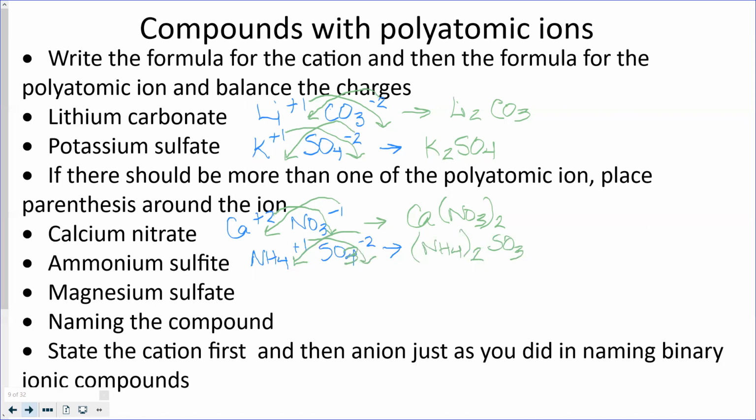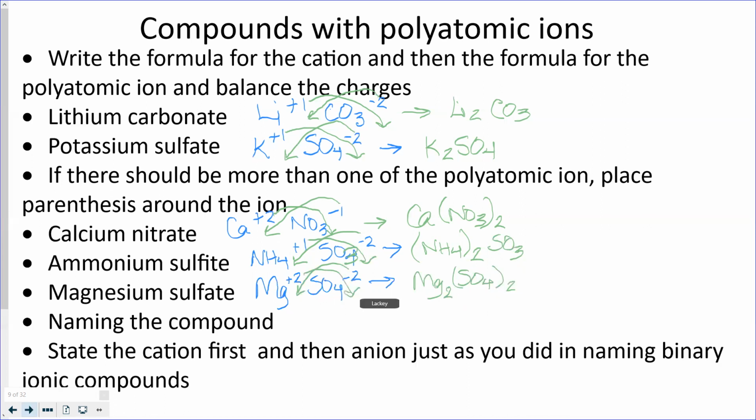Looking at the next one, magnesium sulfate. Magnesium is number 12 on your periodic table. That's Mg. It's in the second column, so it is a positive 2 charge. Sulfate with the ATE is SO4 with a -2 charge. Whenever we crisscross charges, magnesium is going to get the 2 from sulfate. Sulfate is going to get the 2 from magnesium.